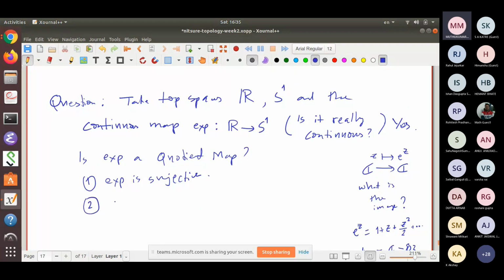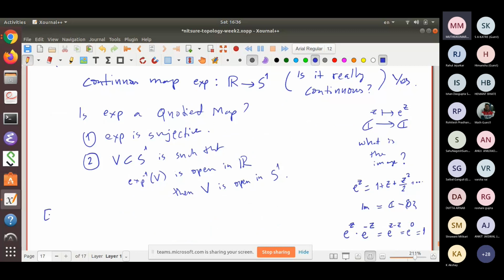The second point I want to say is that V is such that if X inverse V is open in R, then V is open in S1. This is also true. Both these things are true. Verify them. Exercise, verify.